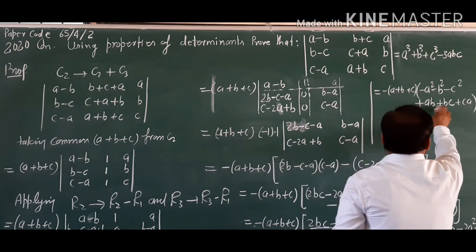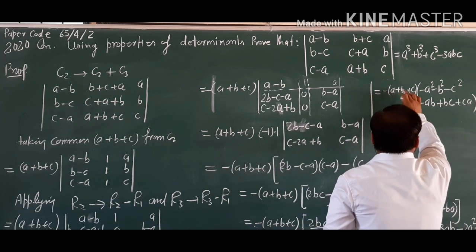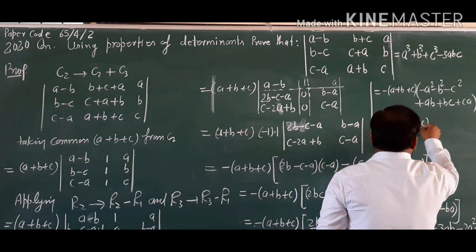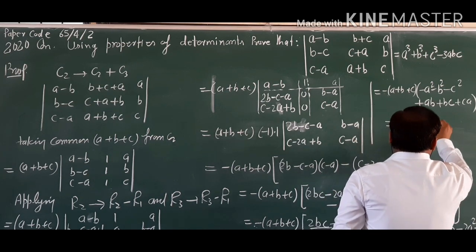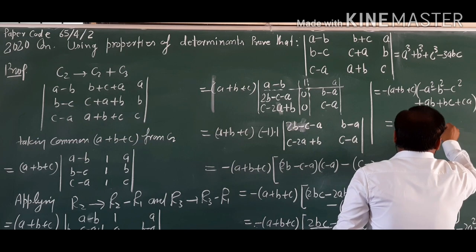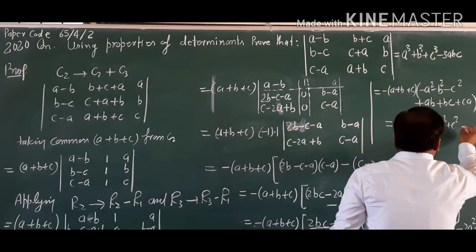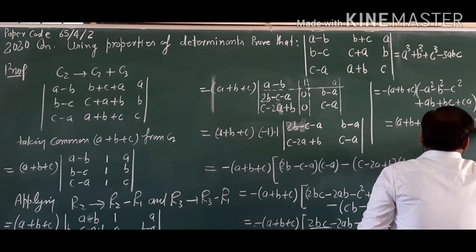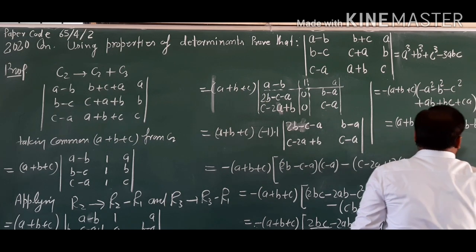So if we take minus, we should multiply this minus inside this bracket. We should get a plus b plus c in bracket, a square, b square, c square minus ab minus bc minus ca.